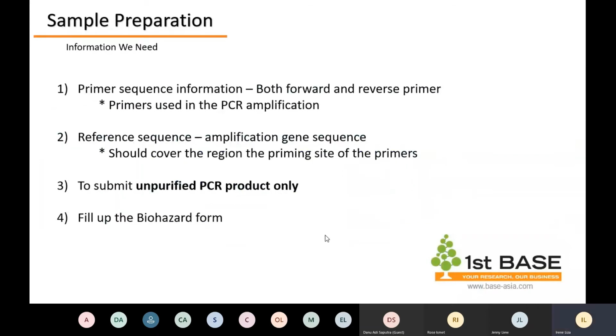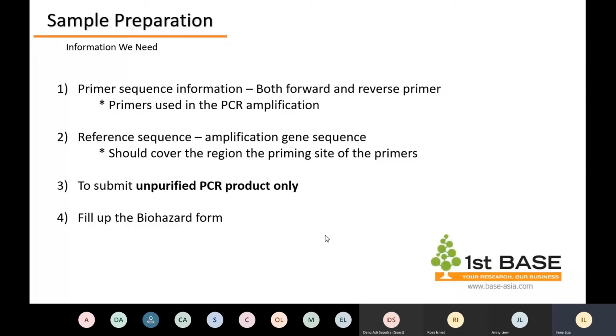So what information do we need for this particular workflow? We need the primer sequence information, both forward and reverse, that is actually used in the PCR amplification. Second, we also need a reference sequence, which is what you used to amplify and generate the primers.